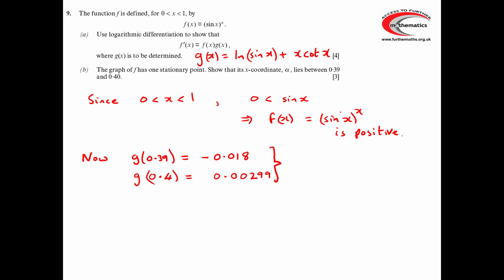Now, if we think about g of 0.39, our calculator will tell us, remember we're using radians, that g of 0.39 is minus 0.018, and g of 0.4 is 0.00299.